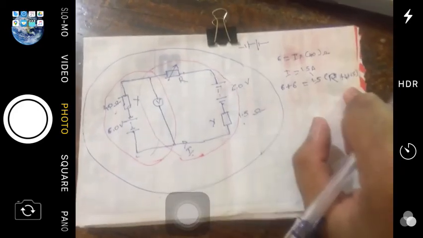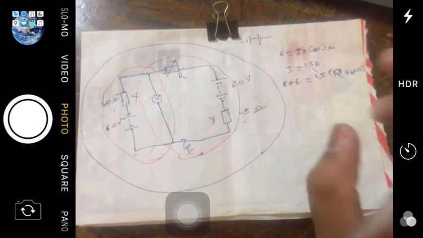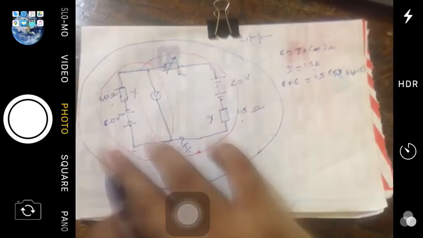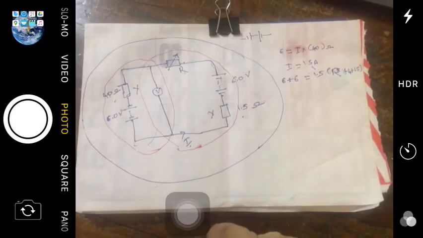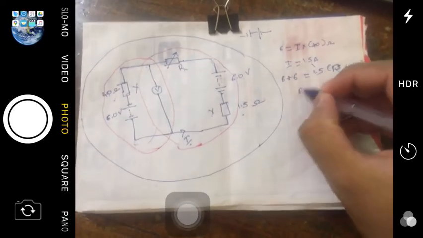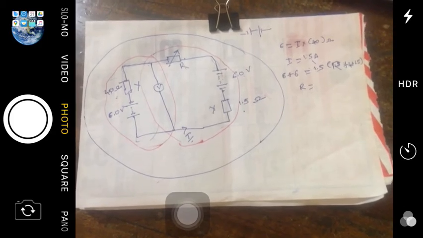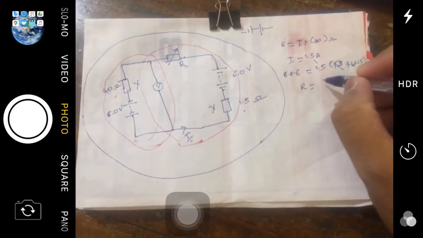So this is Kirchhoff's second law applied to this circuit. That would give you an R value of 2.5 ohms.